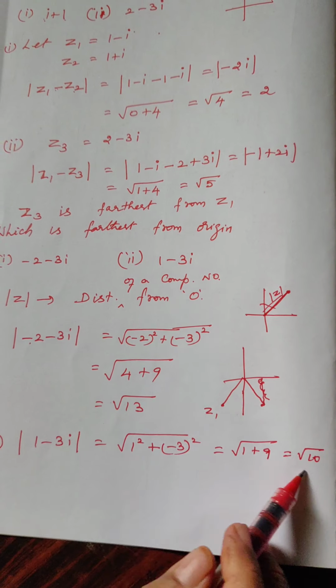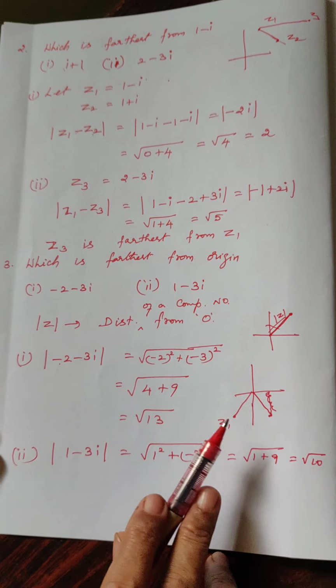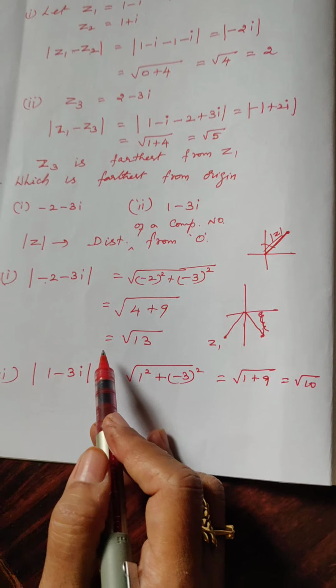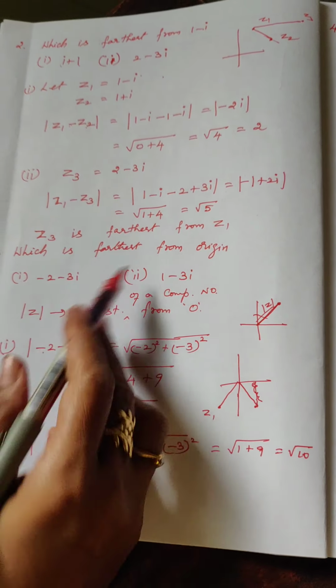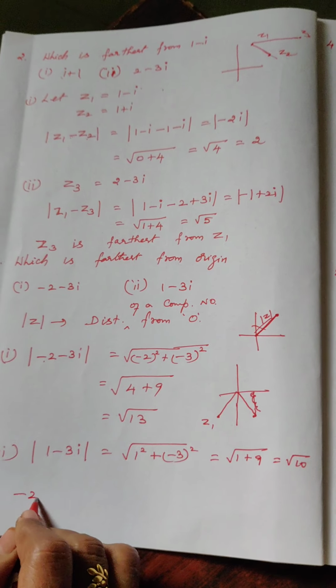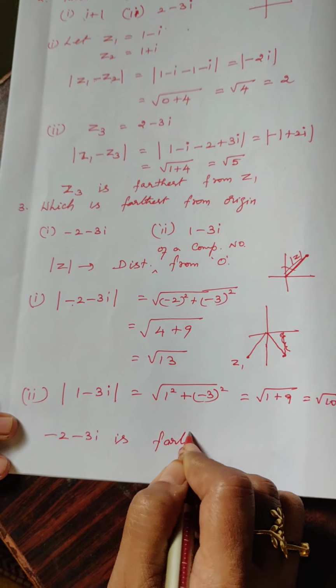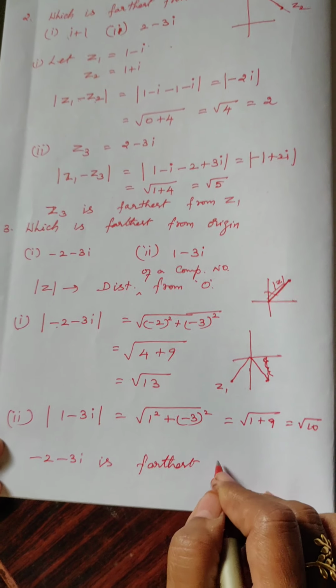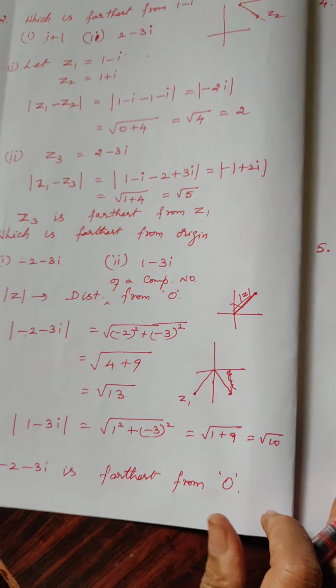Looking at these two results, here is root 13, here is root 10. Which lies at the longer distance from the origin? Root 13. So minus 2 minus 3i is farthest from the origin 0, 0. Is it clear now?